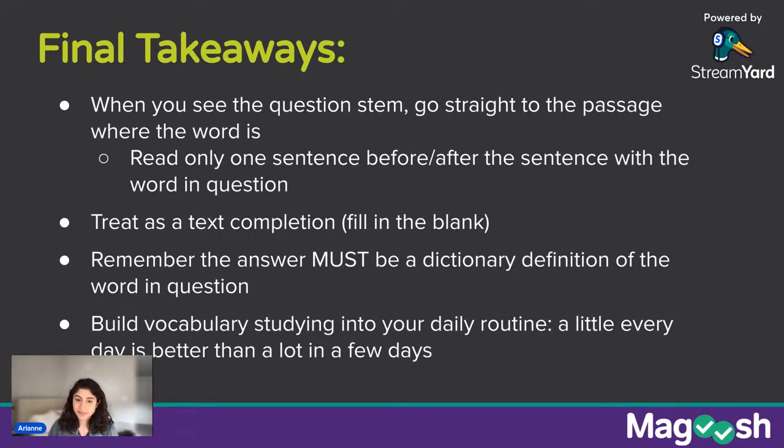And finally, as you maybe could tell, our strategy works, but the extent to which our strategy will be successful also depends on how comfortable we feel with different vocabulary.